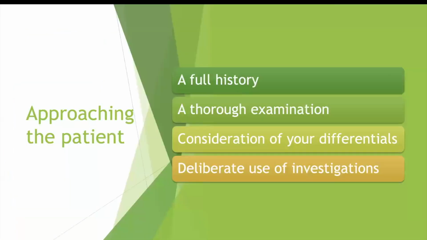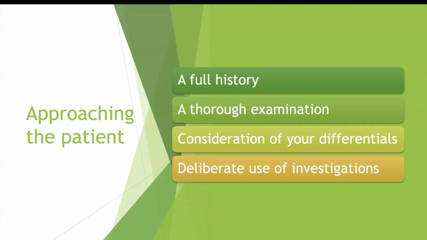When you're approaching the patient, taking a really full, thorough history is really helpful. Take a very close look at their eyes, making sure that you're not missing any ocular pathology that could be explaining what's going on, and have a good system to go through in terms of your differentials. Then try to be a bit deliberate with your investigations.